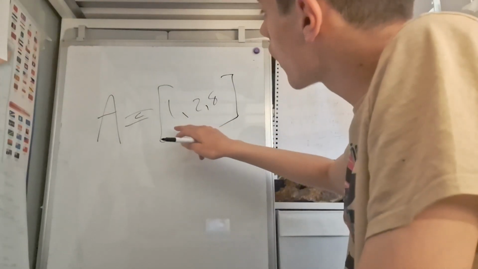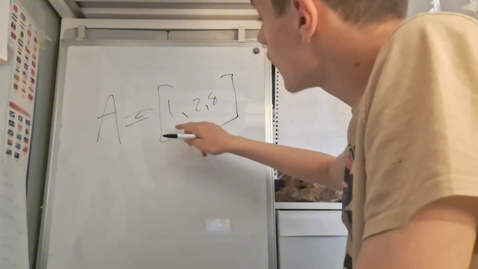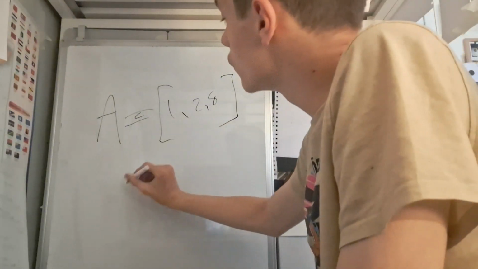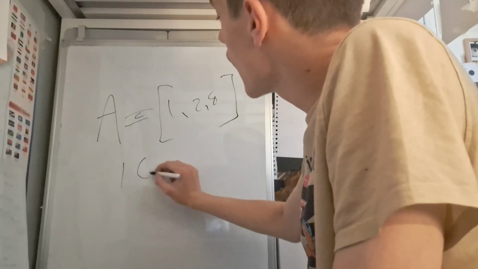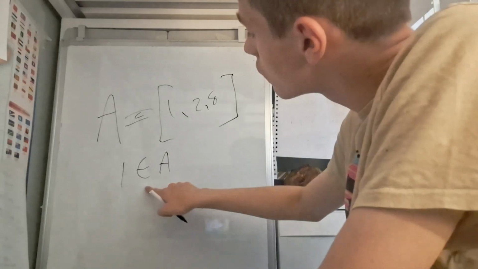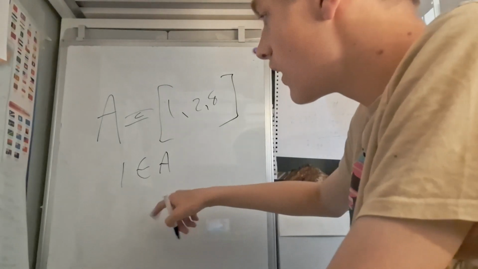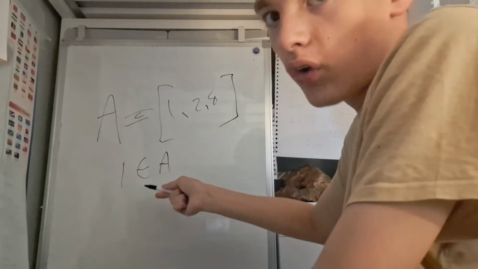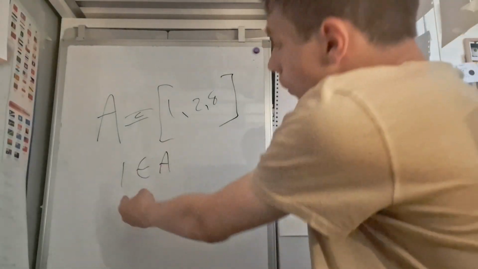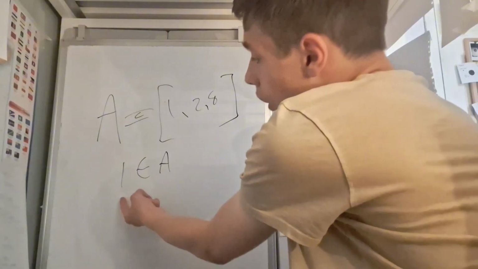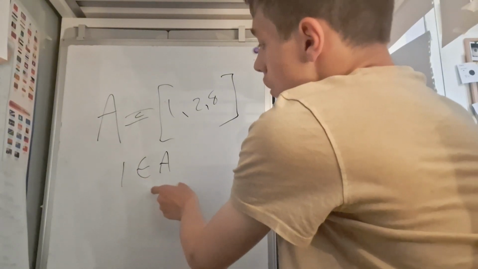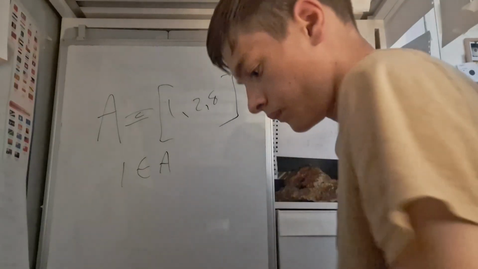And the way you describe that these elements are inside A is you could also say 1 is an element of A. This weird 3-like symbol is epsilon, and you say it as 'is an element of'. So whatever is on this side is an element of the set on this side.